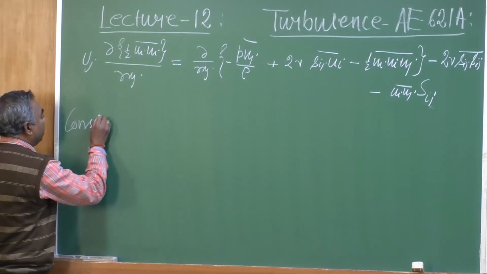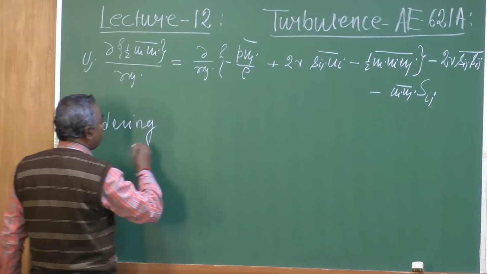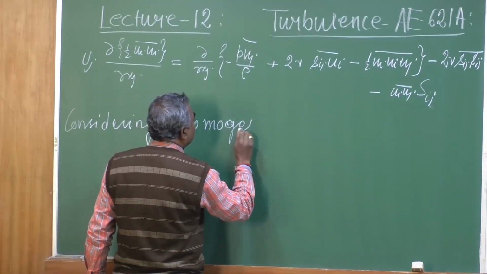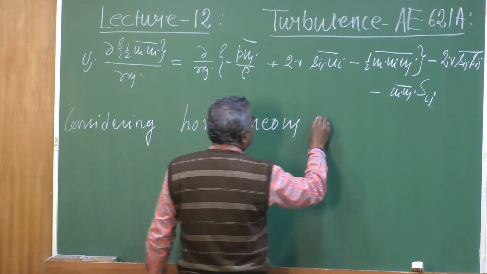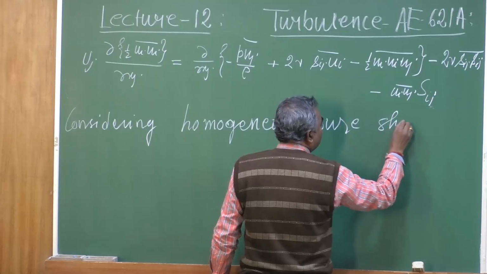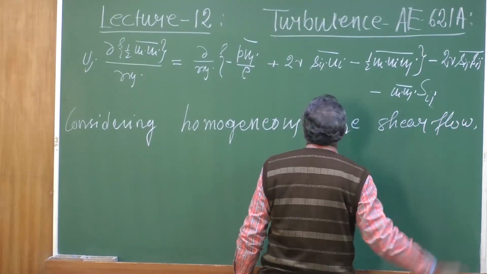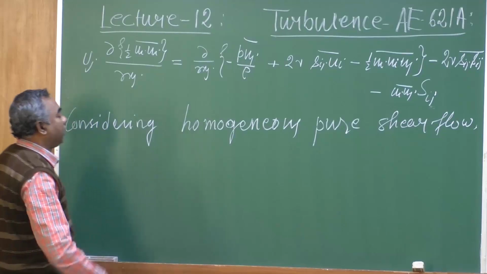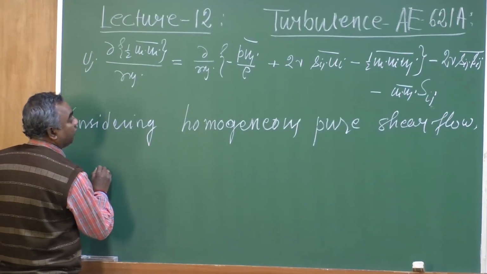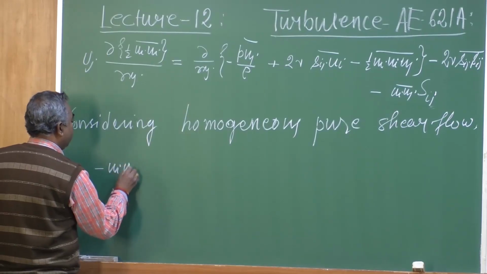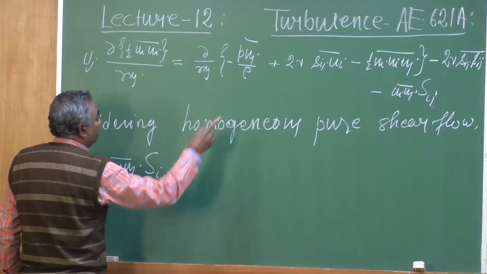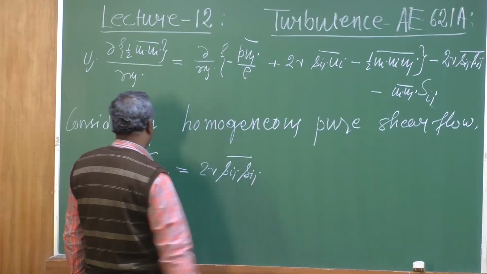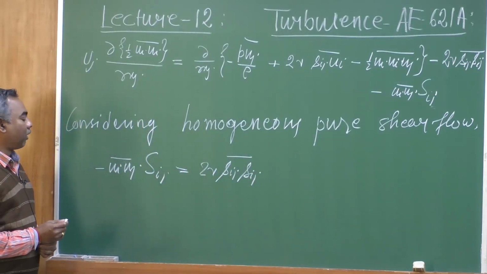Considering once again homogeneous pure shear flow, we can say this left hand side is 0, as well as this transport term is also 0, and for that particular case we get minus u I u j bar S I j is equal to the dissipation, which is twice nu small s I j bar, right. So, that is our argument.